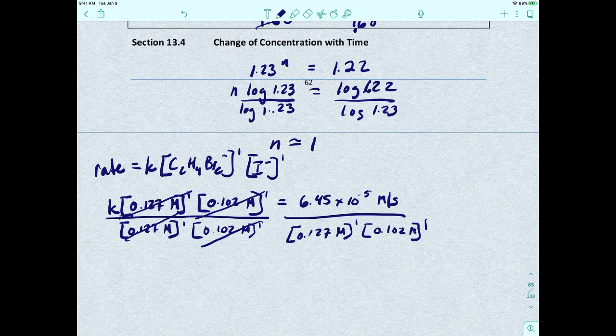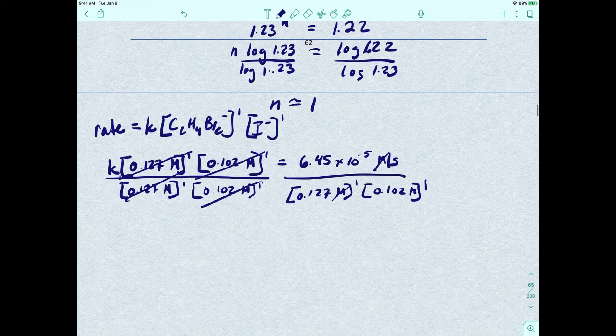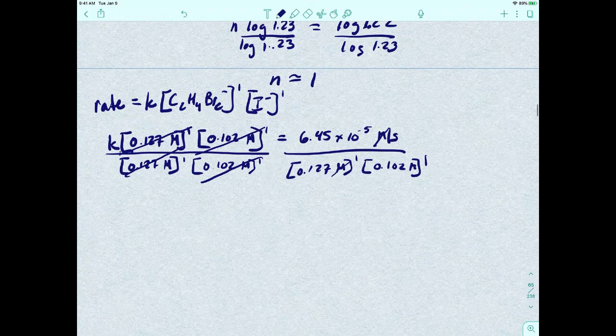On the right-hand side, you've got molar for the rate, and that's going to cancel out with one of the molars for the concentration. So you're going to have per second at the top and then molar on the bottom. So the unit should be molar to the minus first, second to the minus first. So that should be the unit of k.